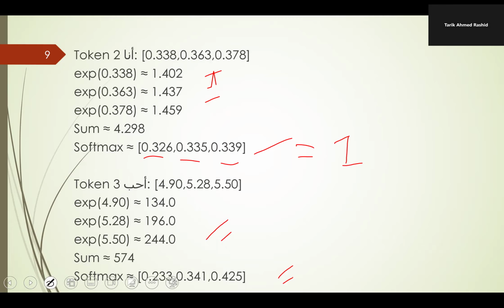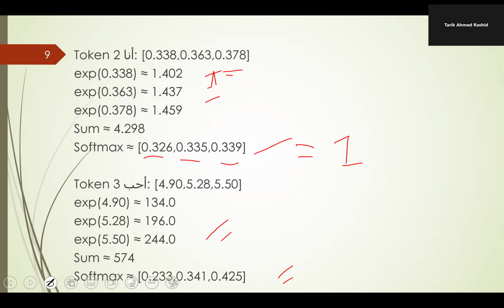And now you can see that this is the highest. So Anna, for token 2, means that it attends to the Ahab word.